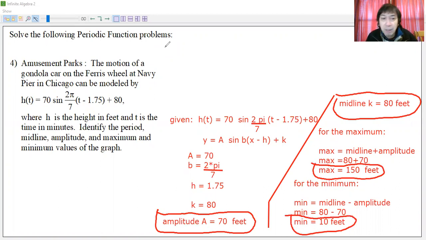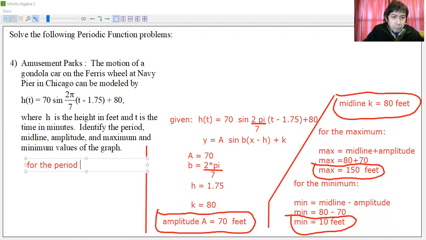What else do we need? The period. All right, so we shall use the left side of the screen. We shall determine the period t. The formula for period t is equal to 2 pi over b, 2 pi divided by b.